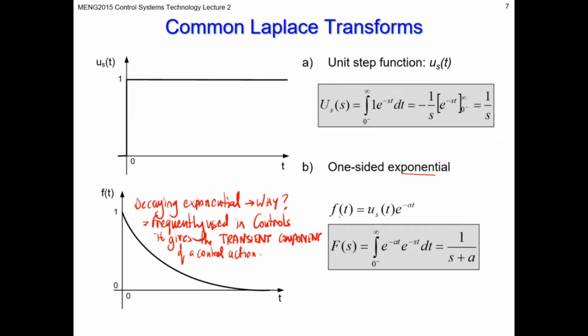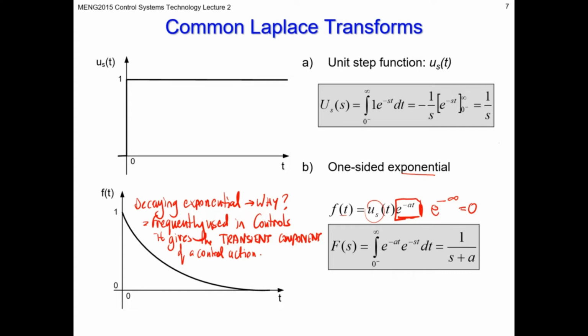So we see that the time function here is some constant u times e to the minus at. Right? This is the time function. So as time increases, this becomes increasingly negative. And if the exponential has an increasingly large negative coefficient, then it becomes very small, because we know that e to the minus infinity equals 0.